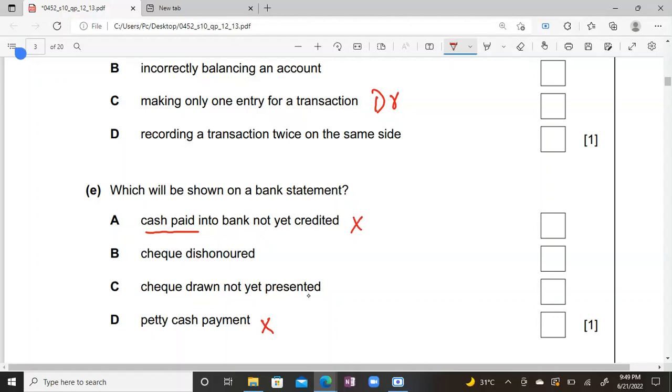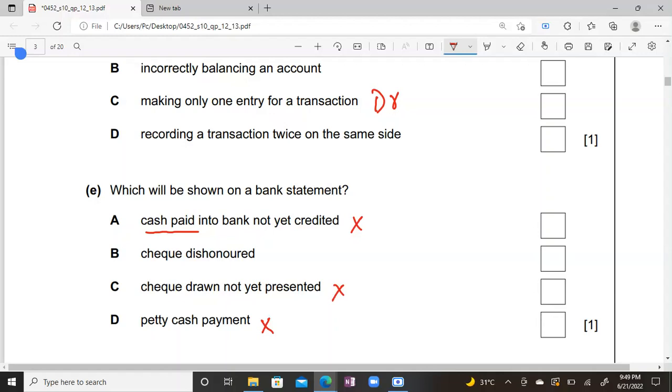Cheques drawn not yet presented may have two reasons. Number one, the business has issued a cheque, let's say to its supplier, but the supplier didn't go to the bank to take the amount.